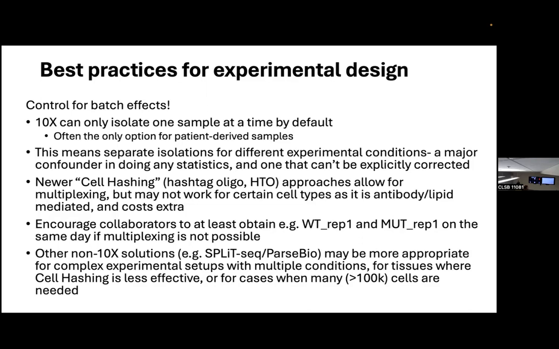That would be a technical replicate of sorts, where one piece of a sample is processed with 10x and the other is with PARSE or something like that. That would be important to do. Most of the time we're talking about biological replicates.